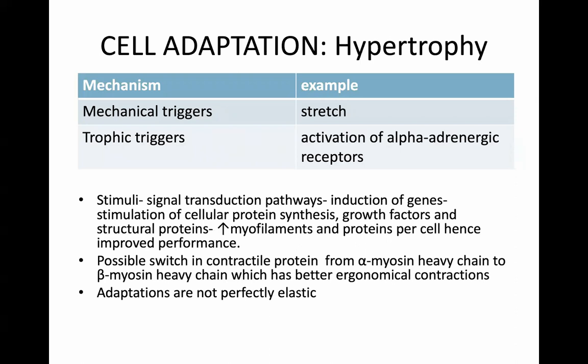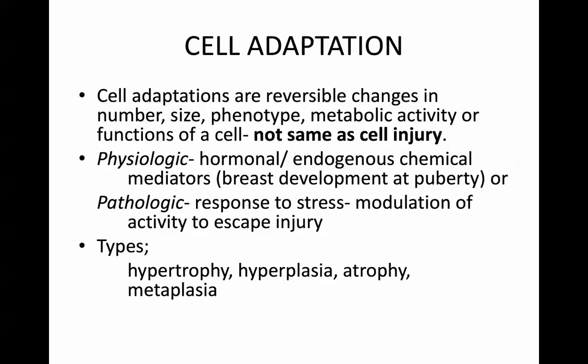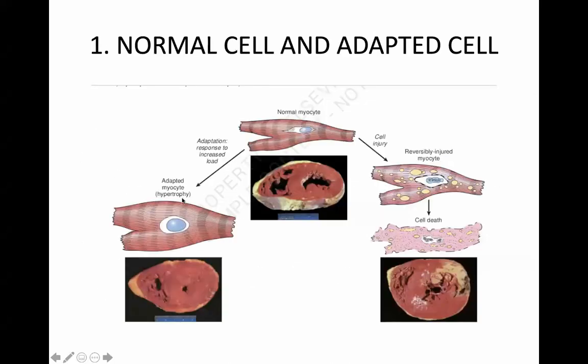The mechanism driving cardiac hypertrophy, like you saw here, where the cells become larger, involves at least two types of signals, mechanical and trophic. Mechanical triggers are stretch triggers.